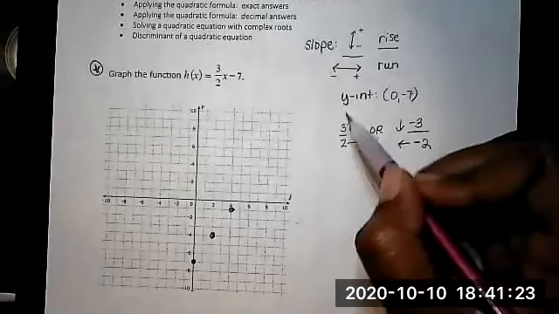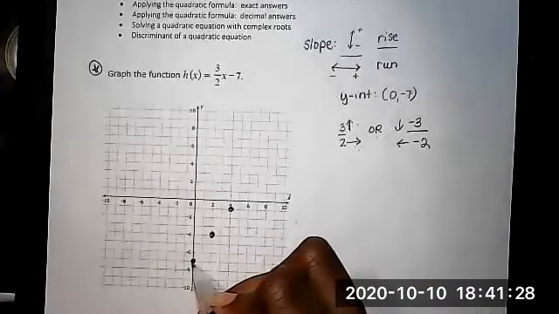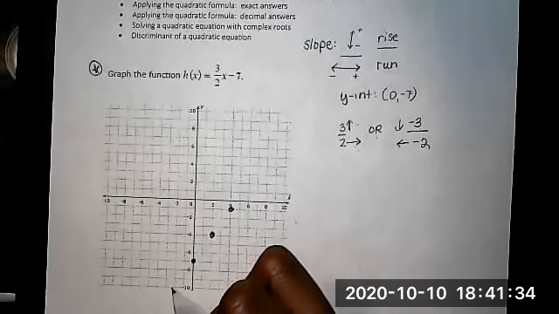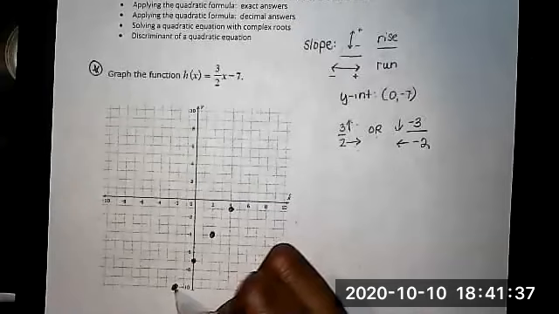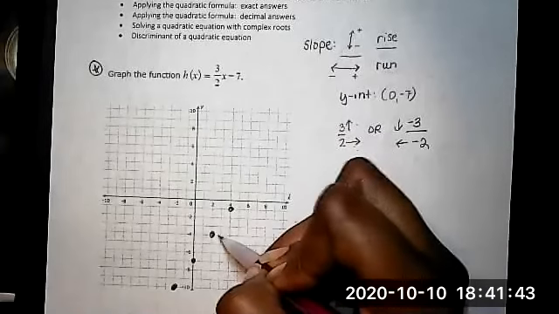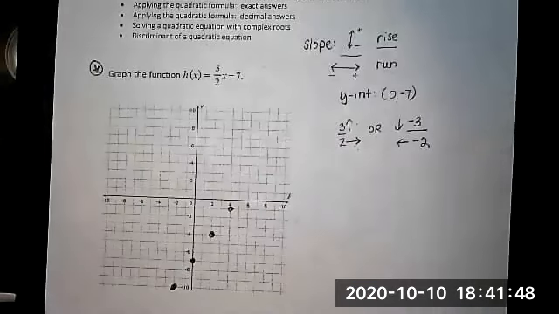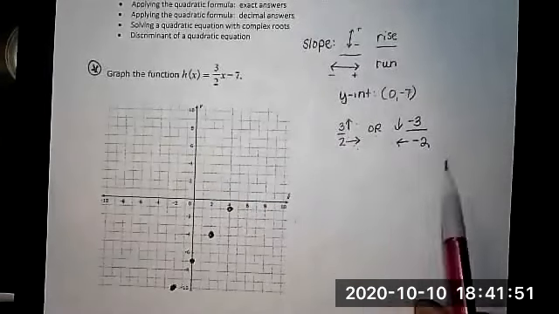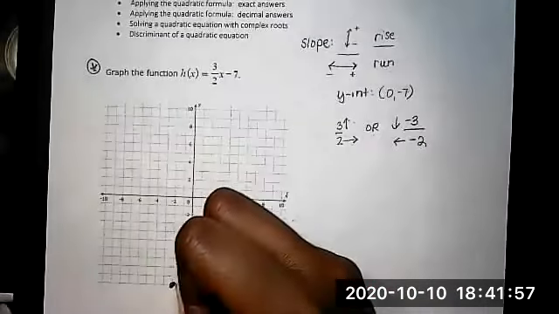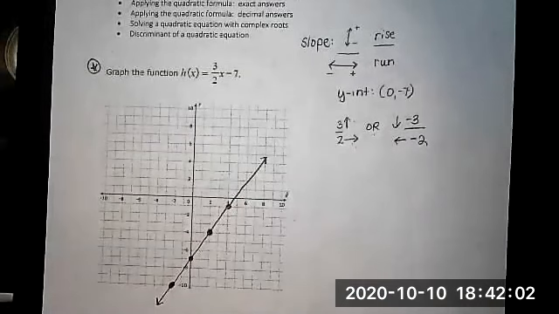So if I start from here and go down 3, 1, 2, 3, and then left 1, 2, that is also a part of my line. You see how it's a part of the line? It'll keep going, and it'll be a part of our line as well. So these are both true for our equation here and how we graph. They didn't tell me how many points I needed, but I just drew that many points, and I can draw a line to show this is my graph.